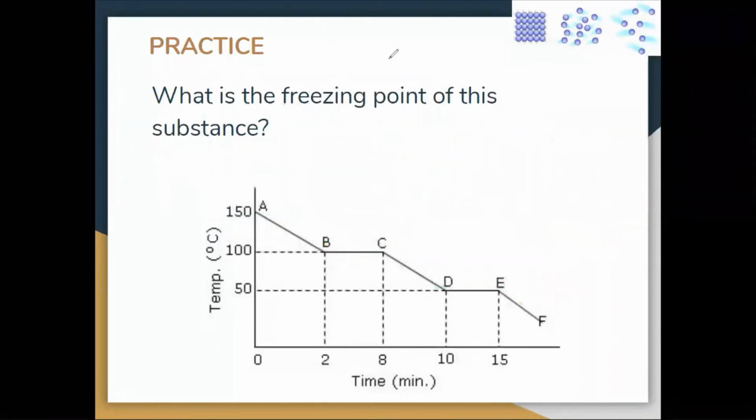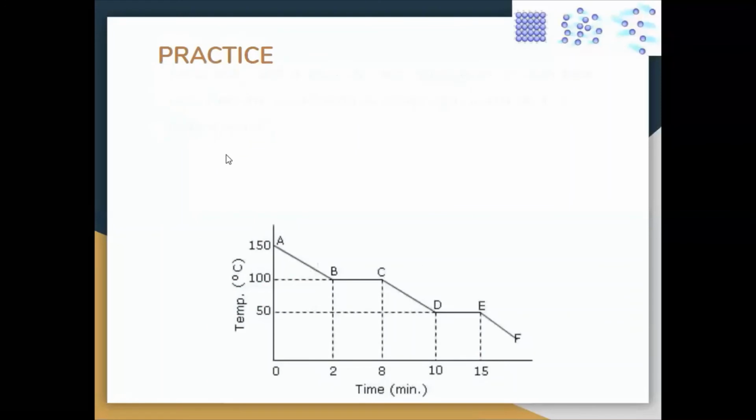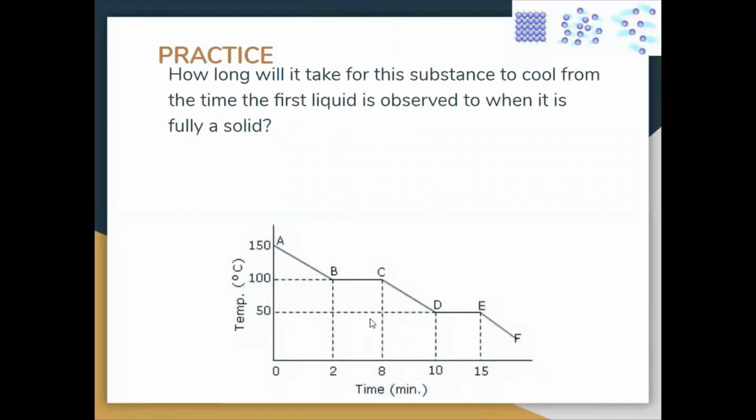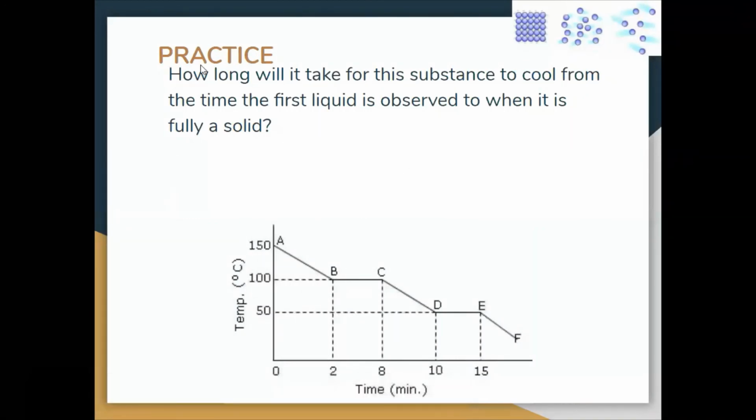Okay, so now I'm going to give you guys a minute to try this one on your own. Don't put in an answer, but let's see what you come up with. So first we have to break this apart. How long will it take for the substance to cool from the time first liquid is observed? So we just talked about that part. We know we first get our liquid here at B. That's the first time we get it.